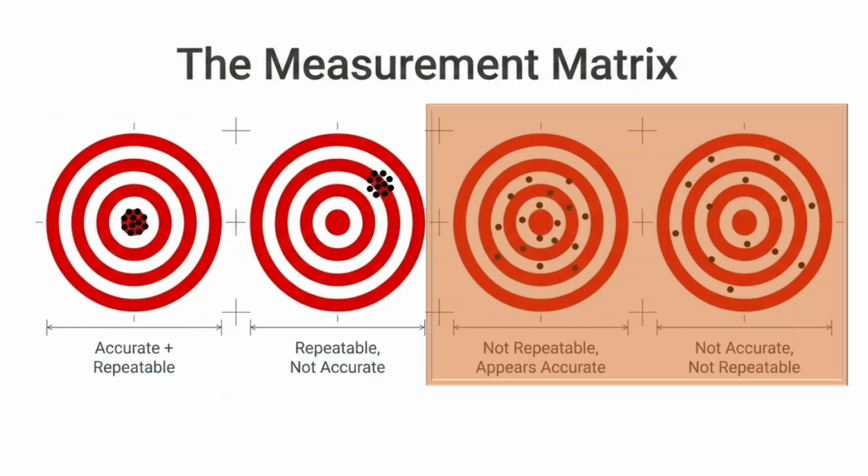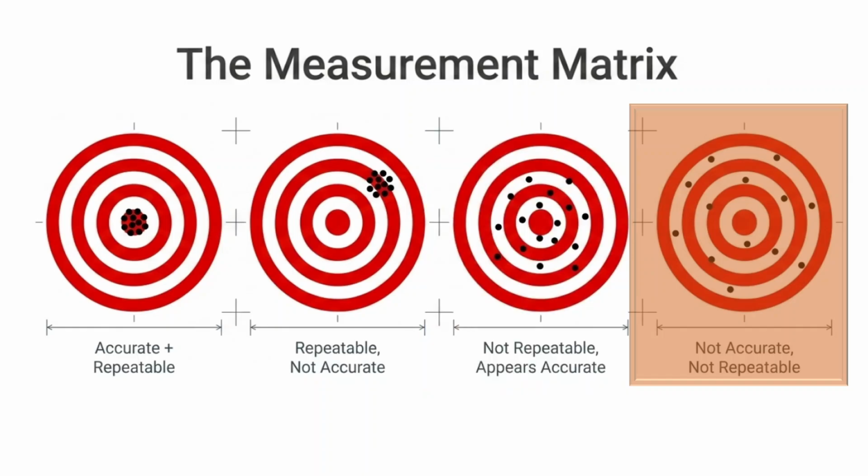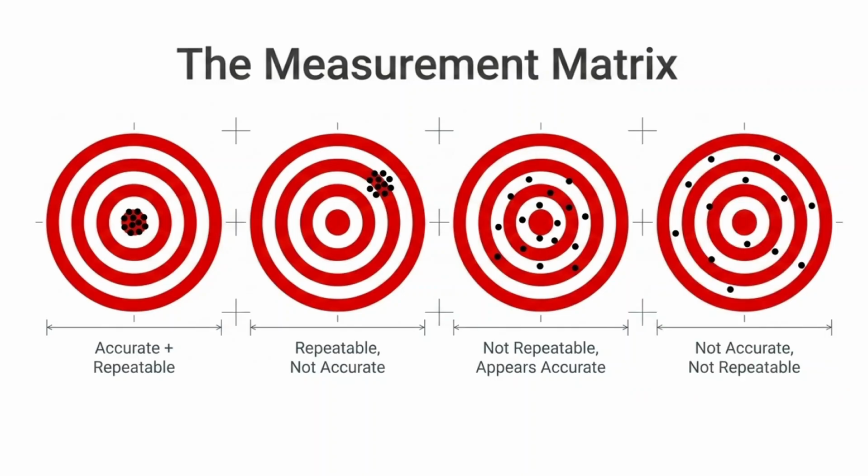All your shots are in a tight cluster, but they are consistently hitting the wrong spot. Same error every time. Accurate, but not repeatable. Your shots are scattered, but they happen to average out near the center. That's random luck, not reliable measurement. Not accurate and not repeatable. Scattered all over the place. This is a nightmare scenario.